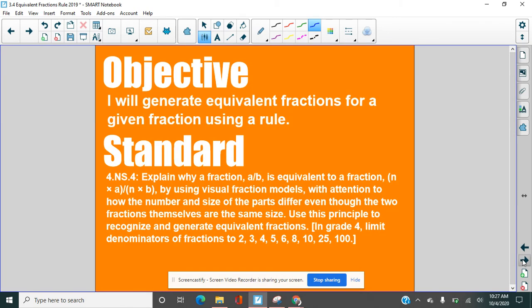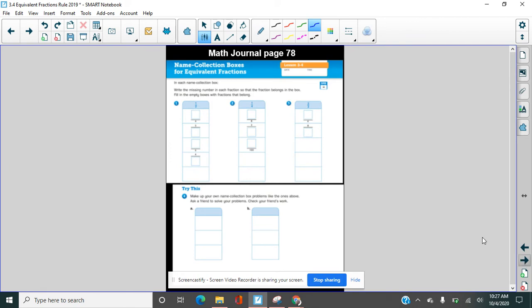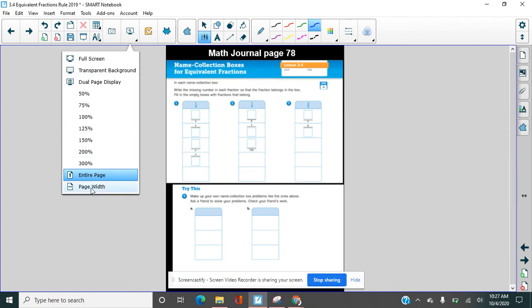All right, so our goal today is to generate equivalent fractions using a rule, and you now know that rule. Let's take a look together at Math Journal, page number 78. Take that out. I guess you didn't have far to go because you were already on page 77, so you just had to go to the next page.